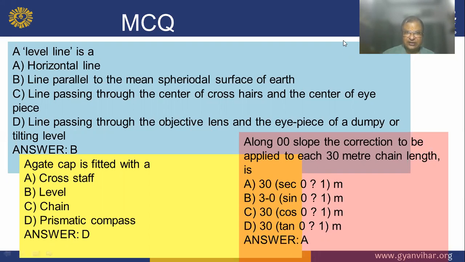My dear boys, if you are doing the line, this is your machine, this is the level line. So what is horizontal parallel? It is going parallel to the mean spherical surface of the earth. Understand?